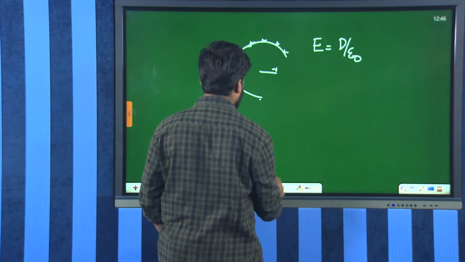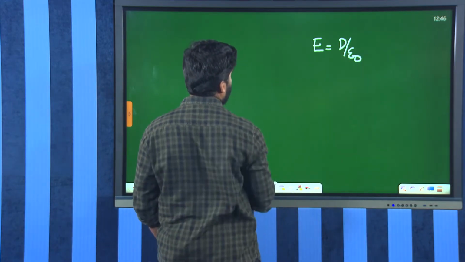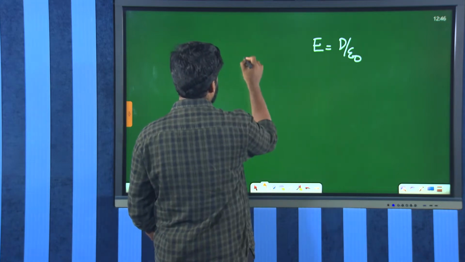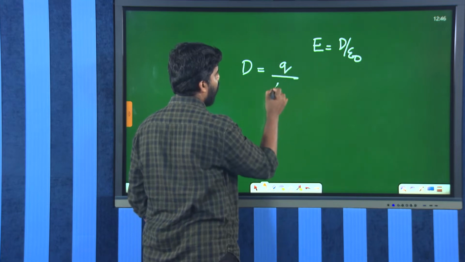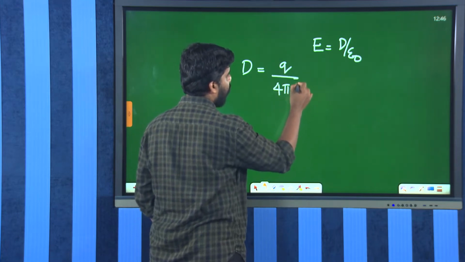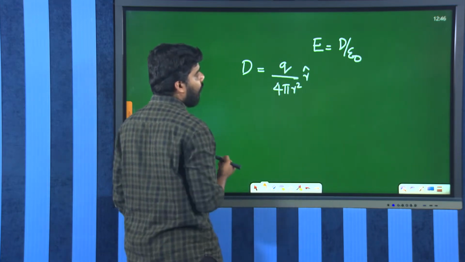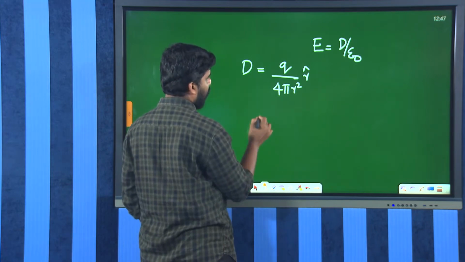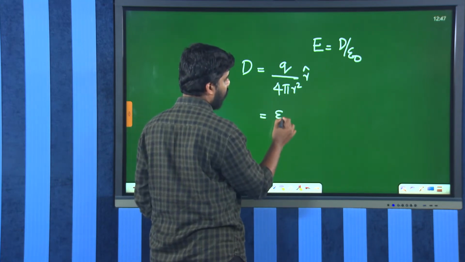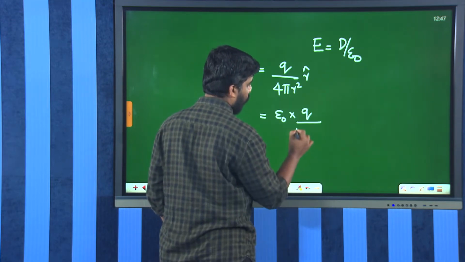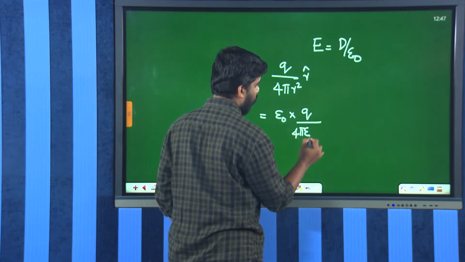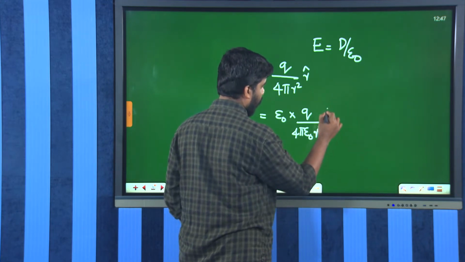For that I will take our equation D is equal to Q by 4 pi r square into r cap, and multiply with epsilon 0 on both sides, which gives epsilon 0 into Q by 4 pi epsilon 0 r square into r cap.